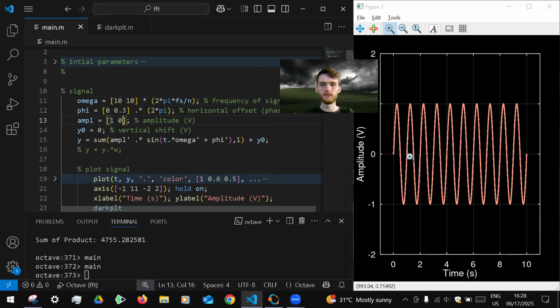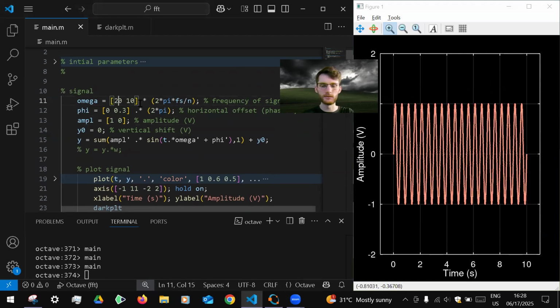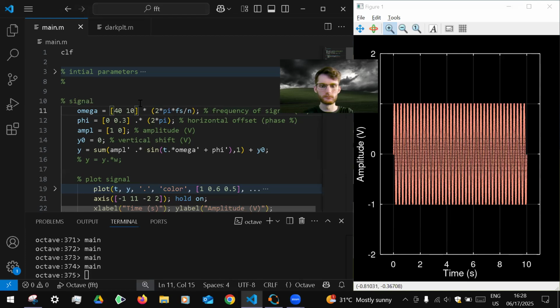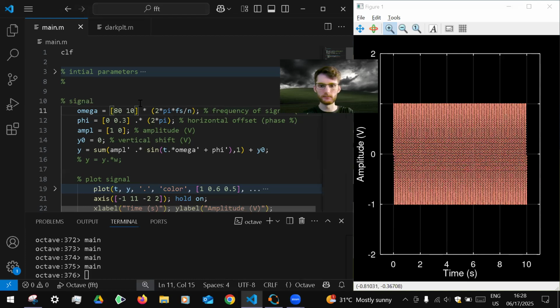So you have an obvious oscillation. Let me increase it a little bit more. Doubled. All right. Now let's double it again. It's starting to get really crushed. Let's double it again. It's getting really crushed again.